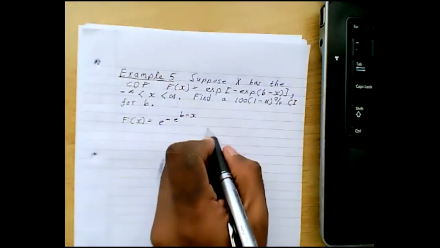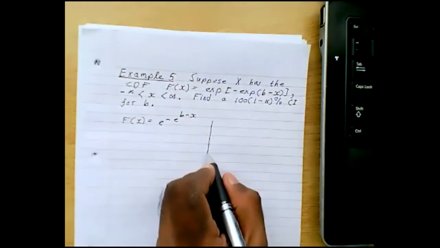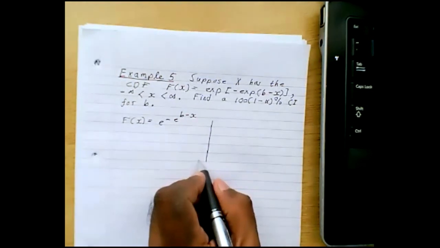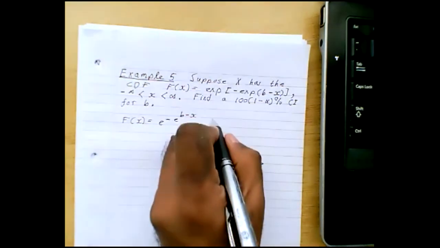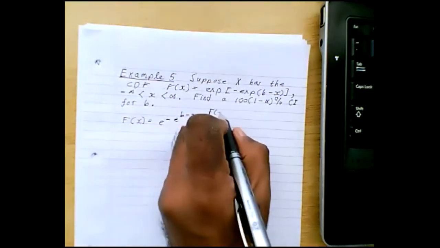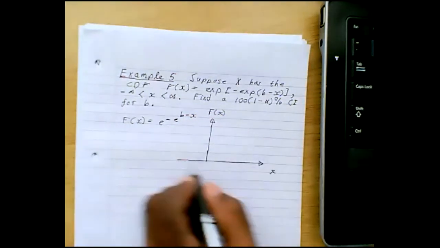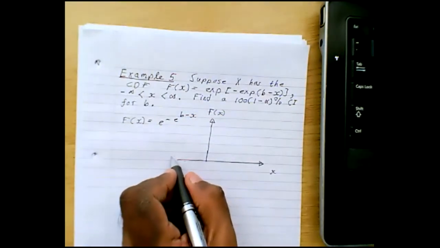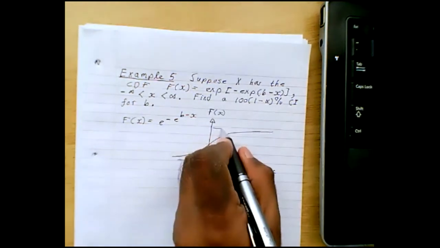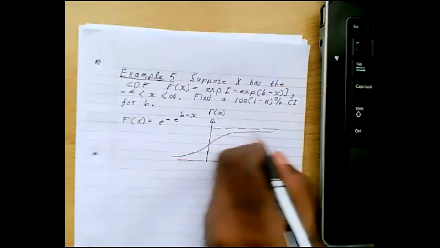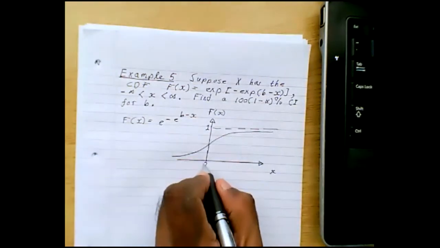It's always a good idea to plot the CDF F of x versus x, right? I think it will look something like this, I guess. So this will be 1, this will be 0.